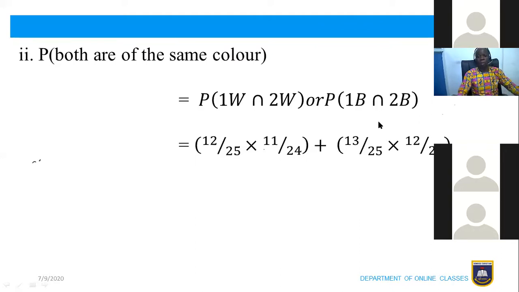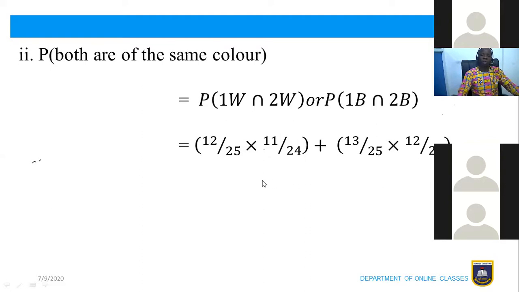And then the probability that the second ball is also blue will be 12. Now it's 12 because we've picked a blue ball. So 13 minus the 1 will give us 12. And the total number of balls will also reduce to 24. So we have 12 over 24.